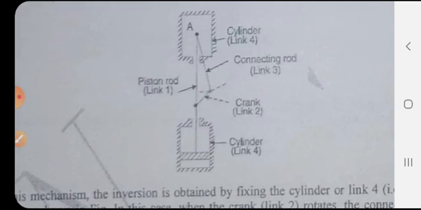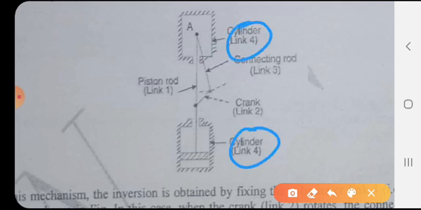So let us discuss the pendulum pump, or you can call it a Bull engine. This inversion can be obtained by fixing link 4, which is also called a sliding pair. You can observe in the diagram.